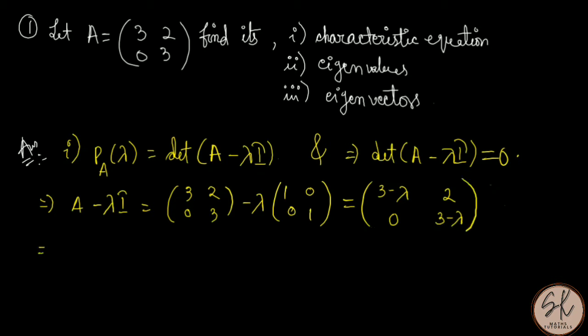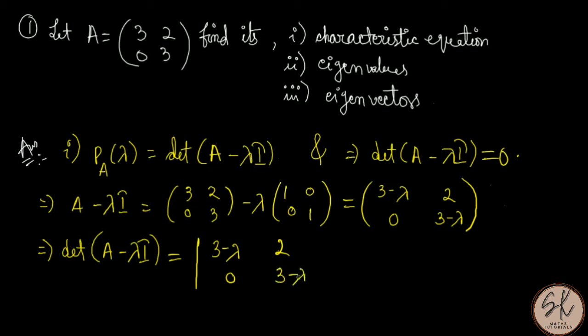Now let us find the determinant of A minus lambda I, that is the determinant of [3 minus lambda, 2; 0, 3 minus lambda].